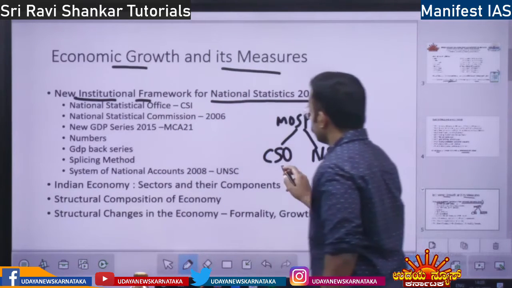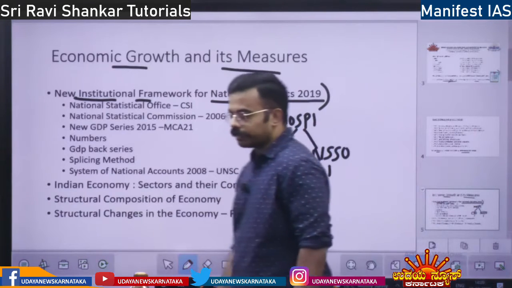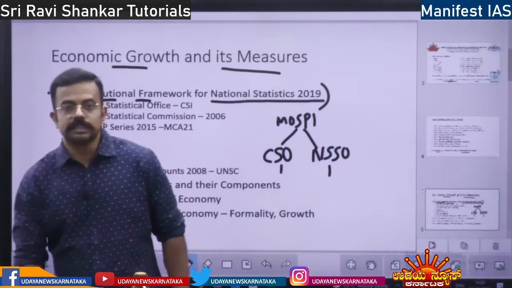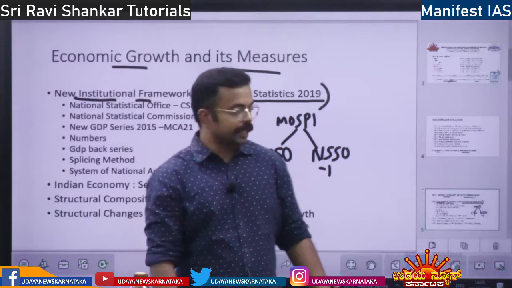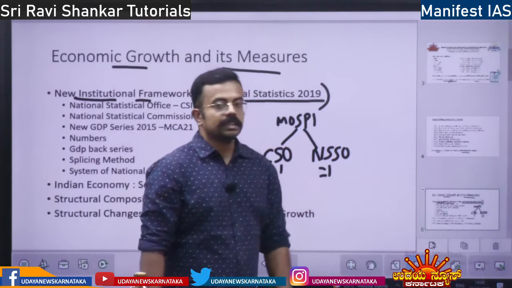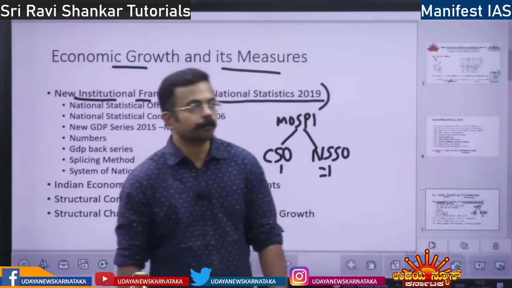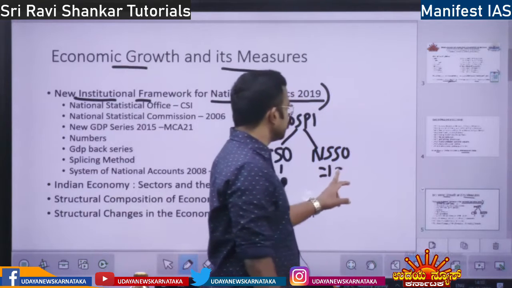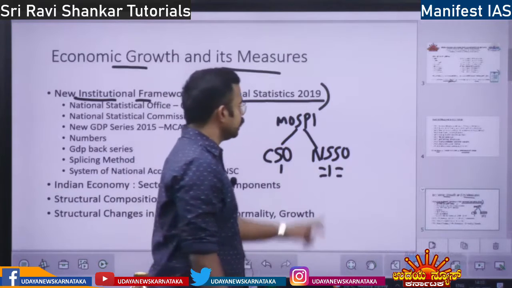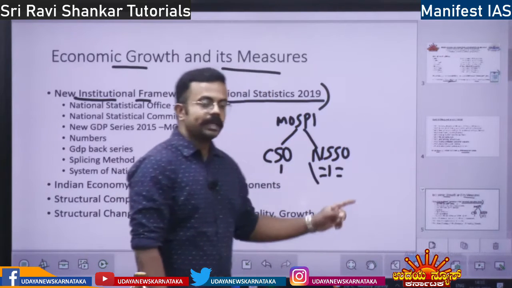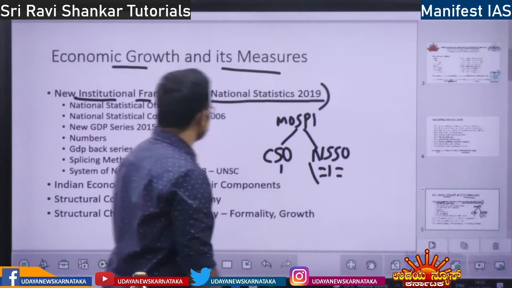All these things were given by CSO. And NSSO, the National Sample Survey Organization, used to conduct surveys, just like conducting a census. It used to conduct surveys about health, education, societal indicators, maternal mortality, infant mortality, poverty, employment. All the surveys used to be carried out by the National Sample Survey Organization.